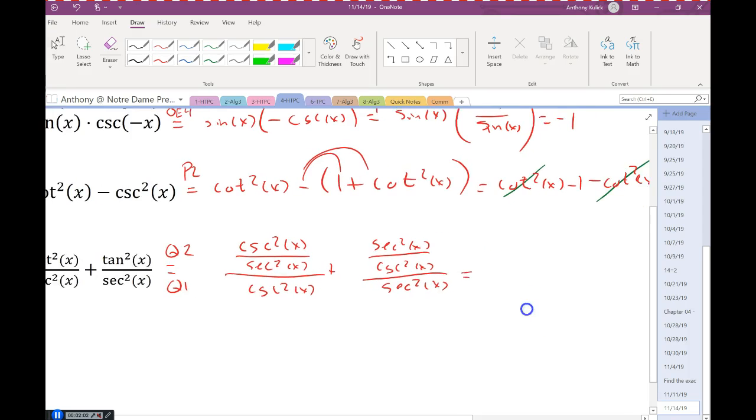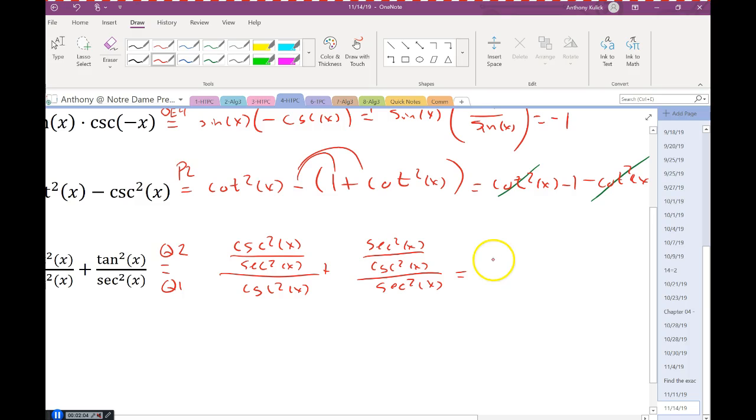I'll reduce my fractions here. That leaves me with 1 over secant squared plus 1 over cosecant squared.